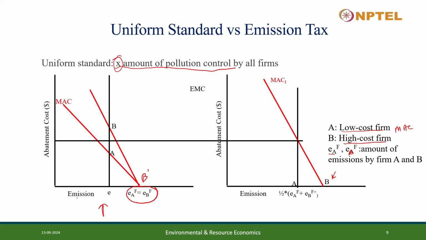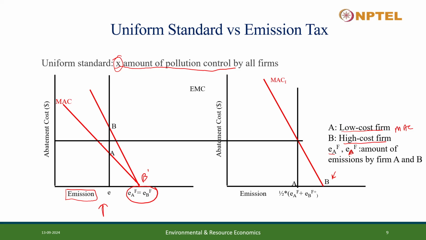So now let's say both the firm emits this much amount. On the x-axis, in this case, we are not showing the abatement; however, we are showing emission. Therefore, the marginal abatement cost curve is seen as downward sloping, so you have to see it in the opposite direction, and it will be upward sloping.